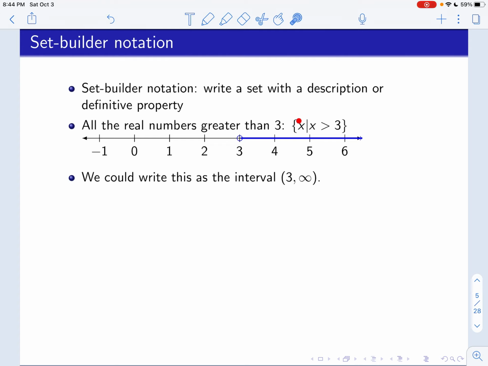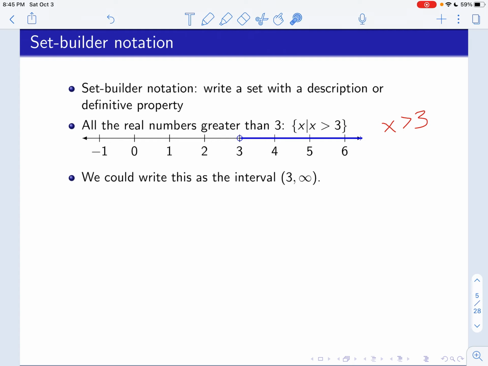And you read it as the set of x such that x is greater than 3. Now we'll often shortcut that because at the end of our inequality, we might just say x is greater than 3. And that's okay. But if you get asked for set builder notation, what they're looking for looks like this.